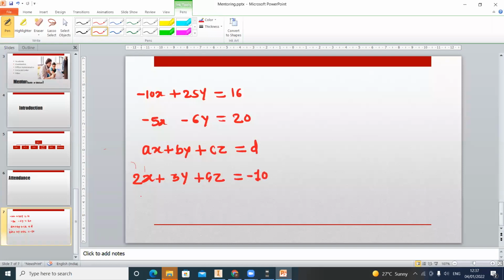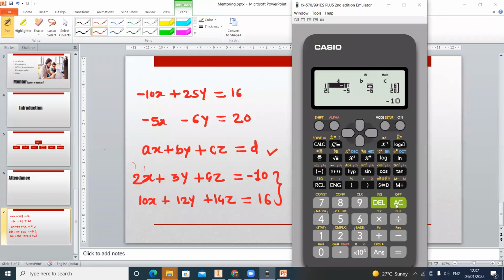Second equation, 10x plus 12y plus 14z equal to 16. We have to compare these equations with this standard format. Let us see how to find the value of x, y, and z for these simultaneous equations.